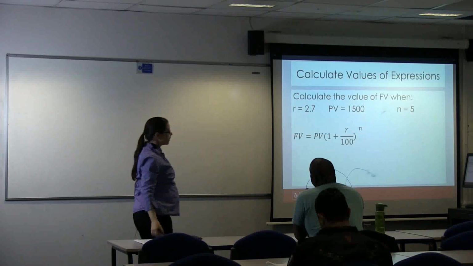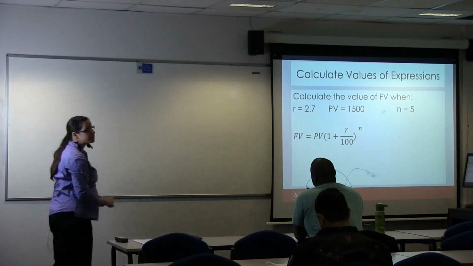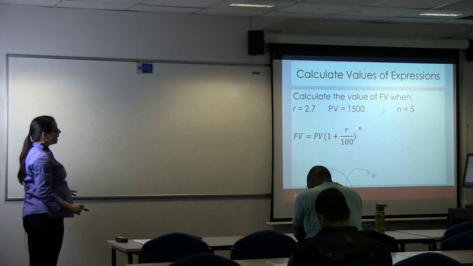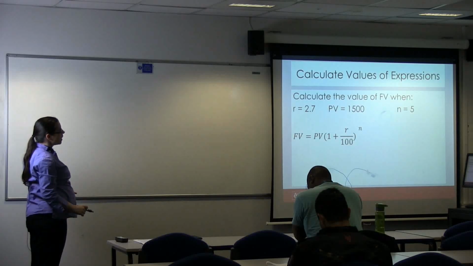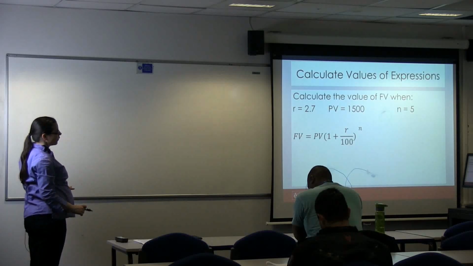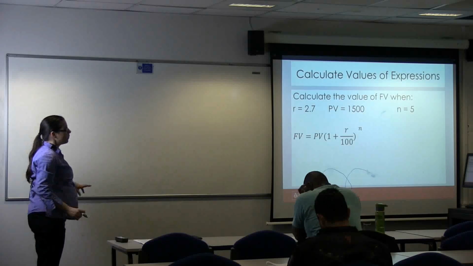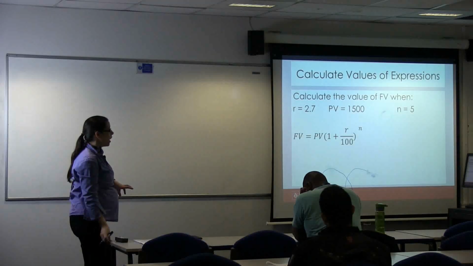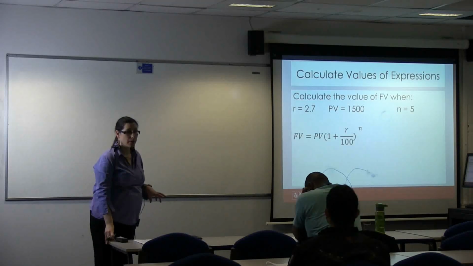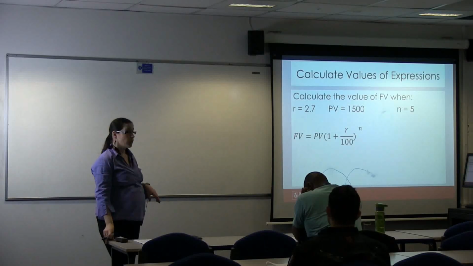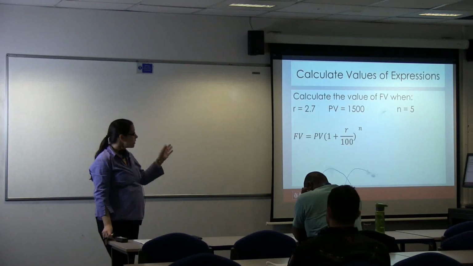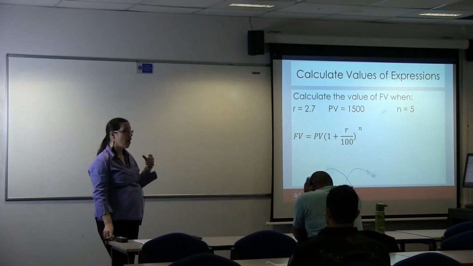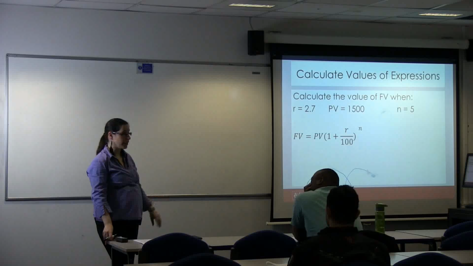So it's basically how to calculate compounded interest. Now, FV stands for future value, PV stands for present value, R stands for the rate, and N stands for the number of years. And that's the very commonly used future value formula when you have a compounded interest.